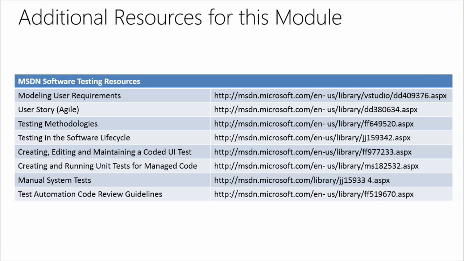So as we mentioned once before, there are a number of additional resources for this module to help you prepare for exam 98-379, Software Testing Fundamentals. You'll see here, I think, some of the most important things that you can really begin to look at is creating, editing and maintaining a coded UI test.